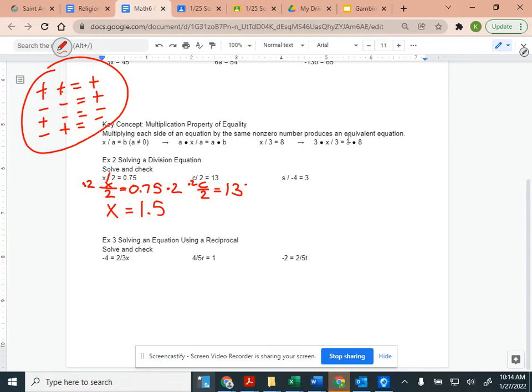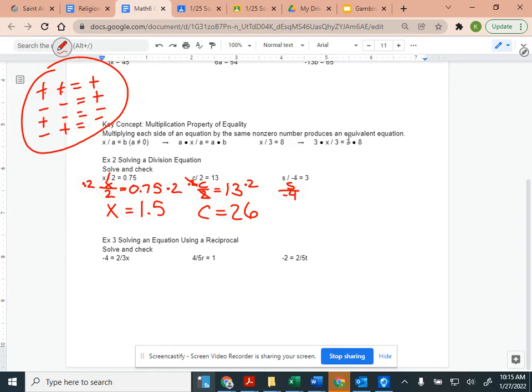I'm going to multiply both sides by 2. Multiply by 2, divide by 2, cancel out. What is 13 times 2, Lily? 26. Now we have C. Oh, and is that a positive or a negative, Lily? Positive, because it was a positive 2 and a positive 13.